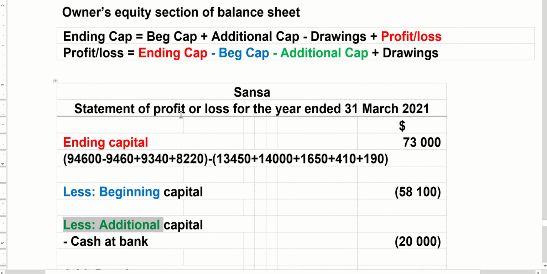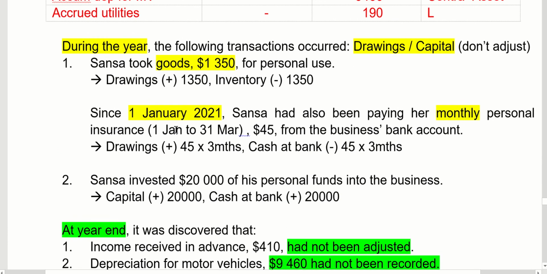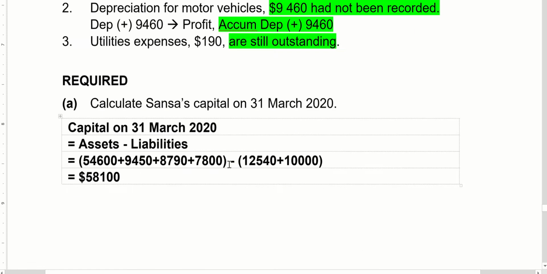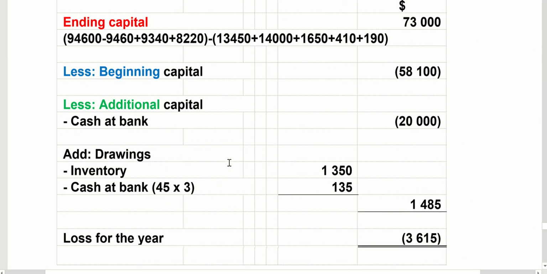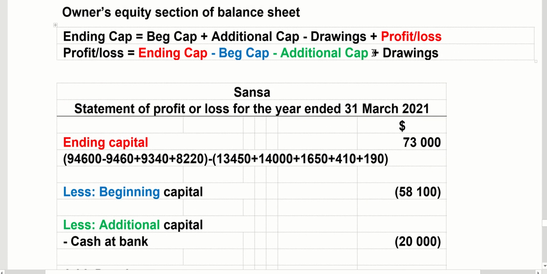This additional capital, where does it come from? Can you remember above? We had this additional capital where you invested $20,000. This is your additional capital. That's why I say don't adjust above, because later on you will adjust it in your statement of profit or loss. Then you can see that you have add drawings.